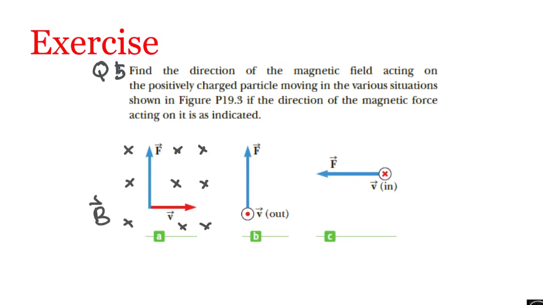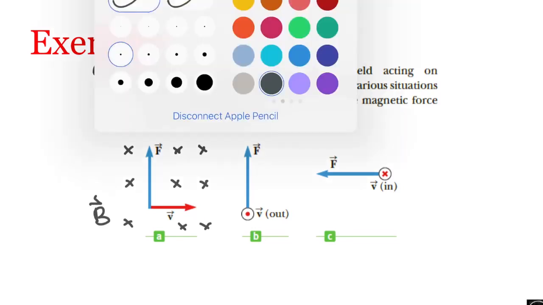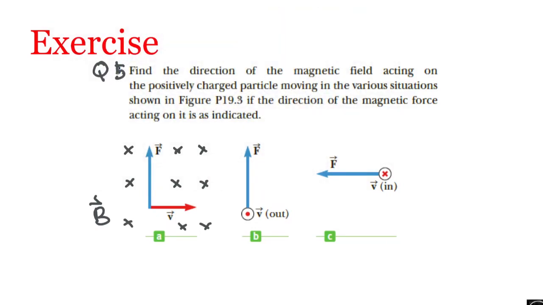For this case, to have velocity out of the page, velocity is your index finger, your thumb is your F, so your B should be in this direction.